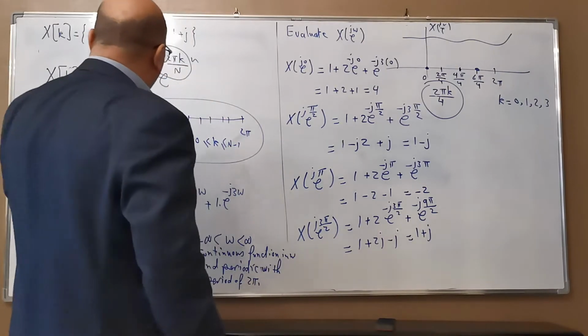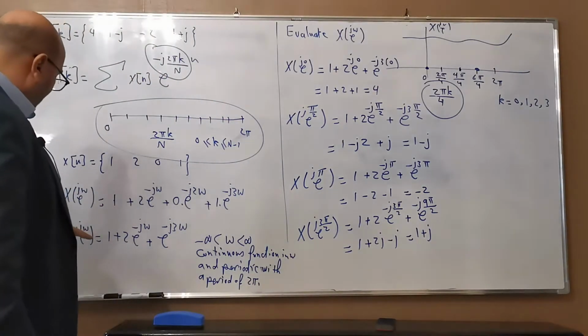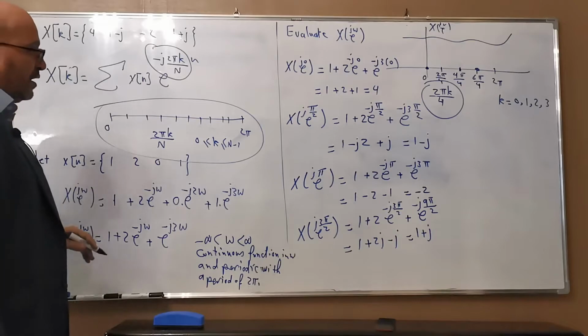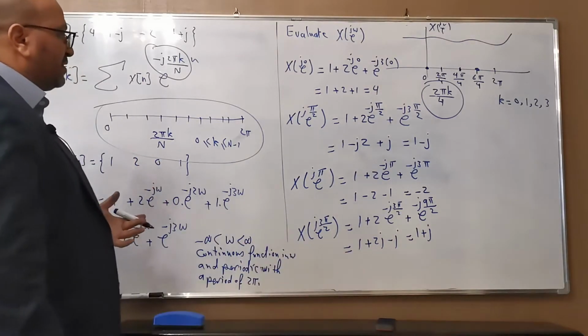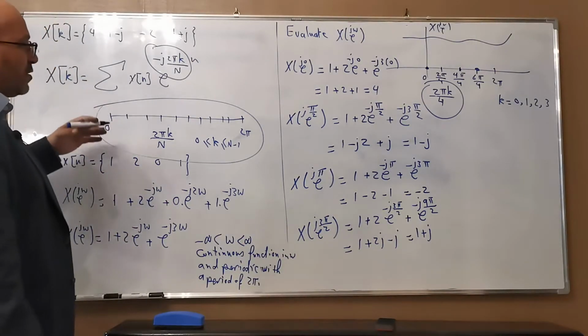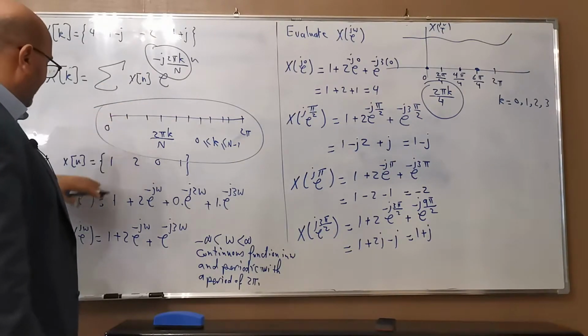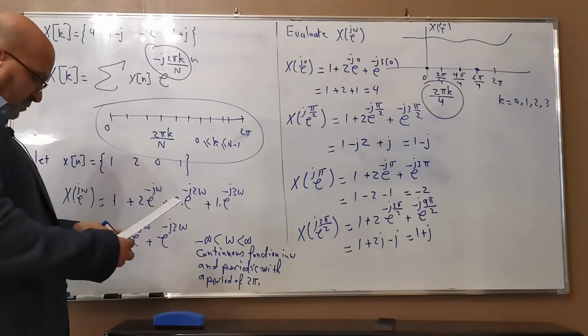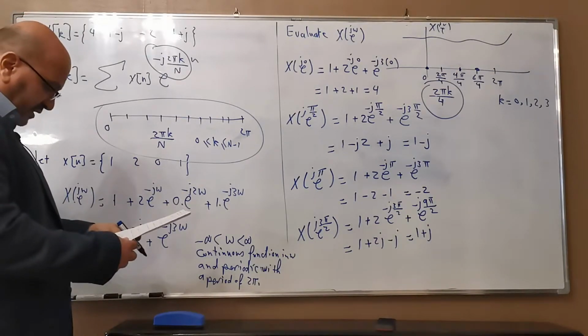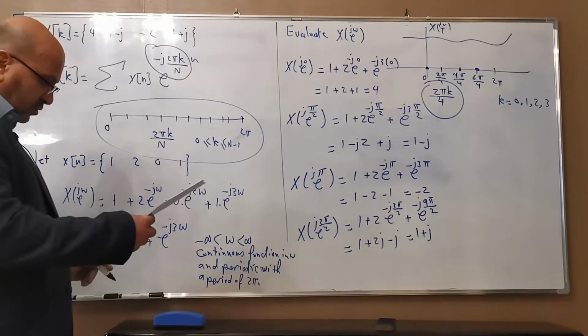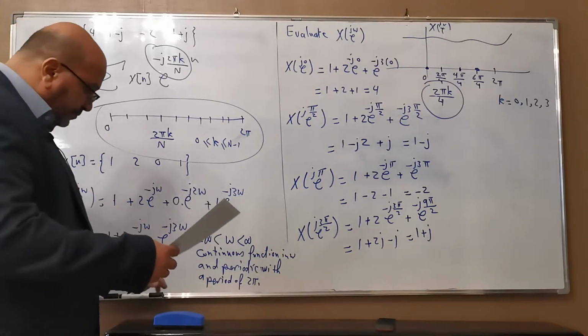So if you do this, then X[k] and X(e^{jω}) represent the same sequence in the frequency domain. This one is continuous, but this one is discrete, and it's a sampled version of this one. So this is one of the things that we would like to show you.